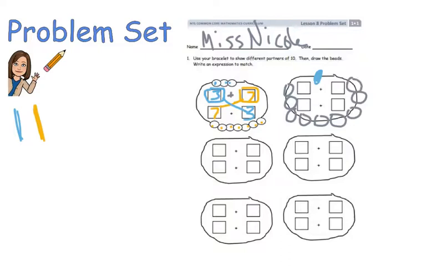So now I'm going to count how many beads I just drew. Ooh, there we go. 1, 2, 3, 4, 5, 6, 7, 8, 9. So I have 1 blue bead and 9 yellow beads. Go ahead and draw your picture now.